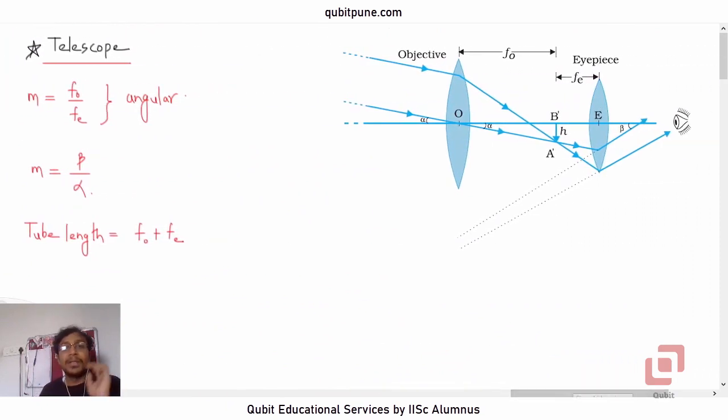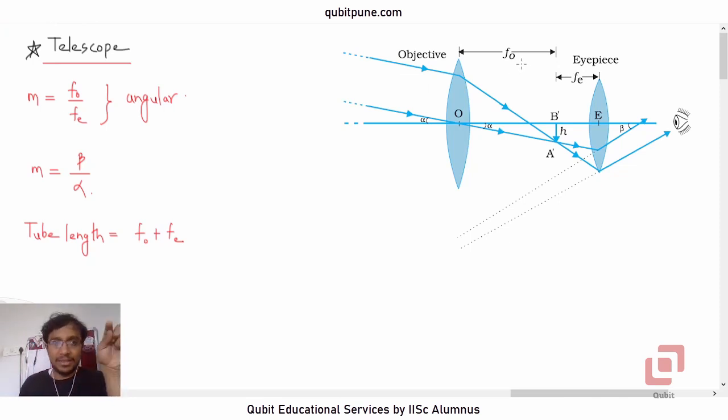Last optical instrument, the telescope. In discussing telescopes, it is to be noted that we talk about angular magnification. Just like a microscope, a telescope also has two lenses, the objective and the eyepiece, but there is one difference.